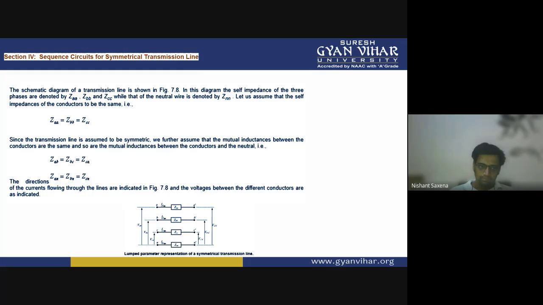They are all the same. The directions of the currents flowing through the lines are indicated in this figure, and the voltages between the different conductors are also indicated. ZAN is equal to ZBN and ZCN. The neutral impedance is also considered.